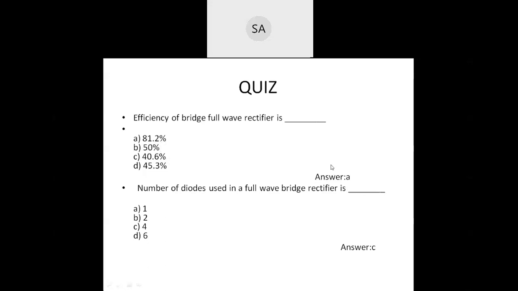And the number of diodes used in a full wave bridge rectifier is 4. The answer is C. In the half wave we use only one diode, and in center tap we use two diodes.